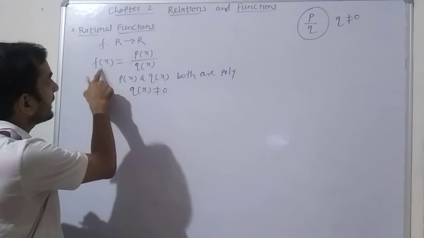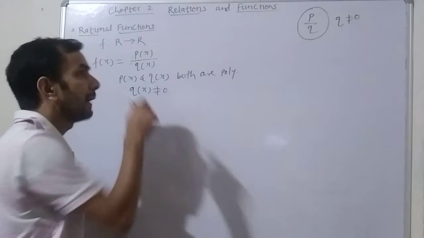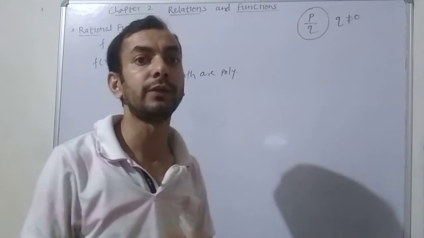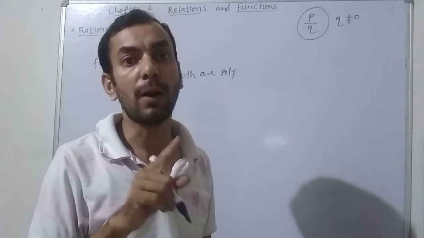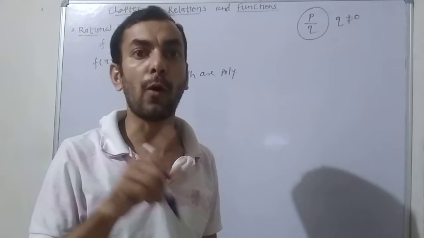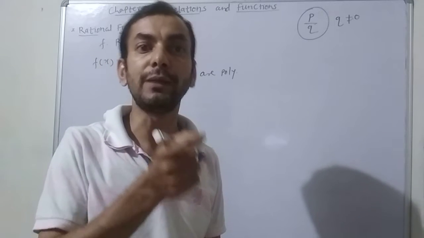Therefore, f of x equal to p of x dividing by q of x is the standard form of the rational function. In that, p of x and q of x both are polynomial, we say polynomial functions.